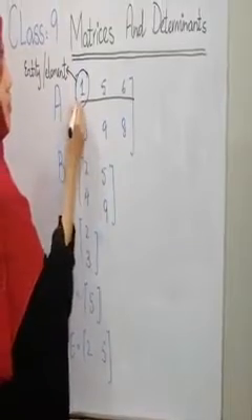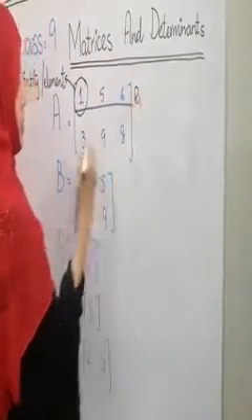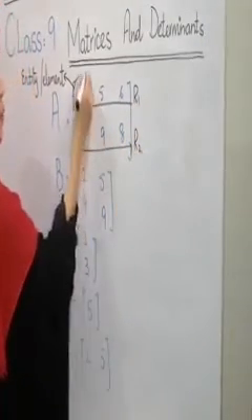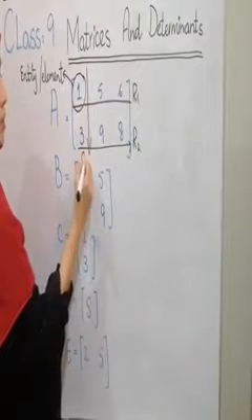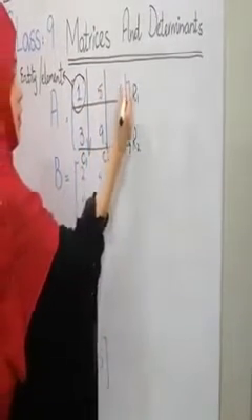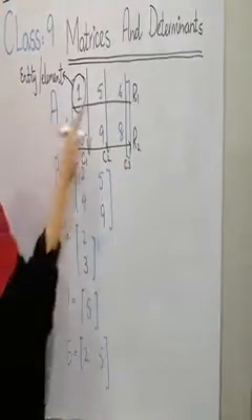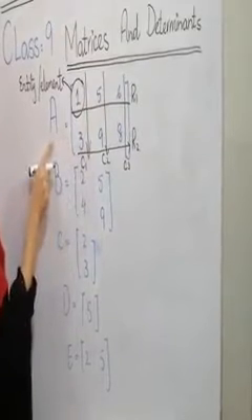The horizontal entries are called rows. This is row 1, this is row 2, and the vertical entries are called columns: C1, C2 and C3. So there are 2 rows and 3 columns in matrix A.